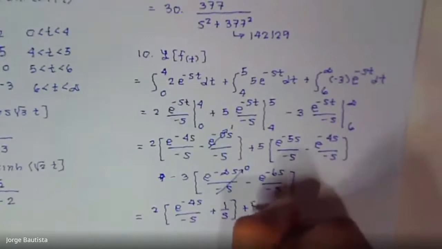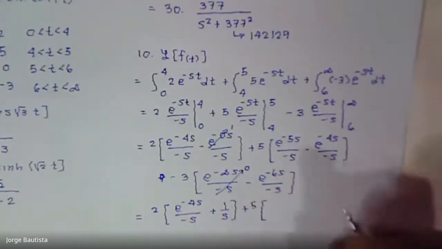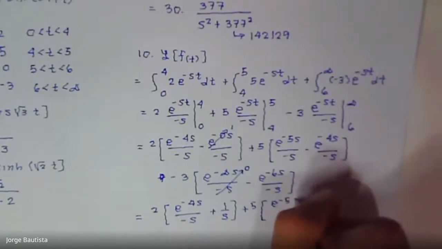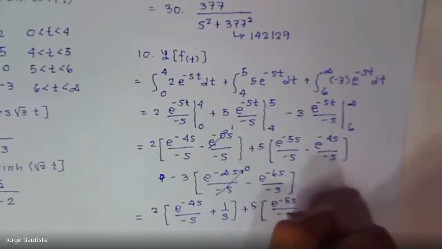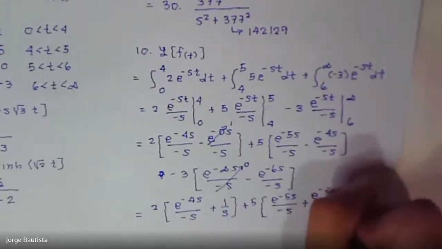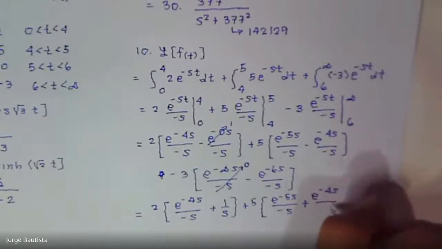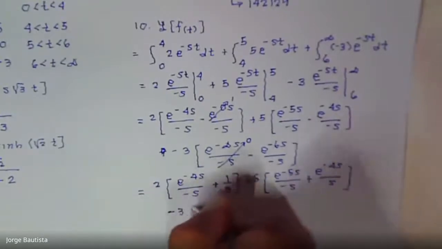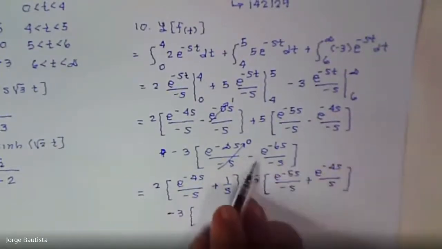Plus 5. So we have e raised to negative 5s all over negative s plus e raised to negative 4s all over s. Then minus 3. You have magiging plus na to.